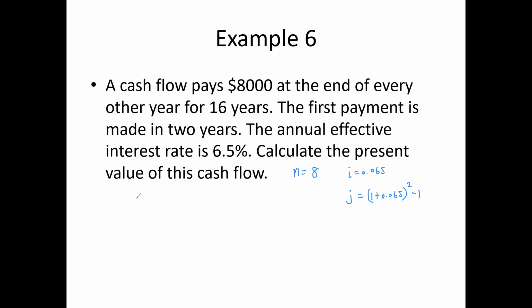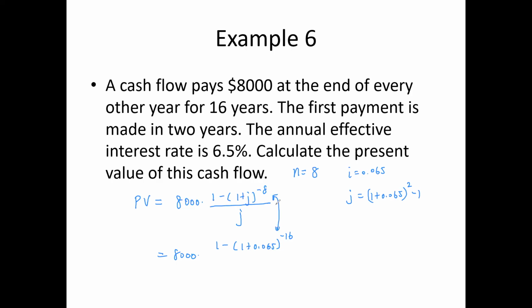So we have present value equals $8,000 per 2 years times 1 minus (1 plus j) to the negative 8, over j. That is the same as (1 plus i) to the negative 16.